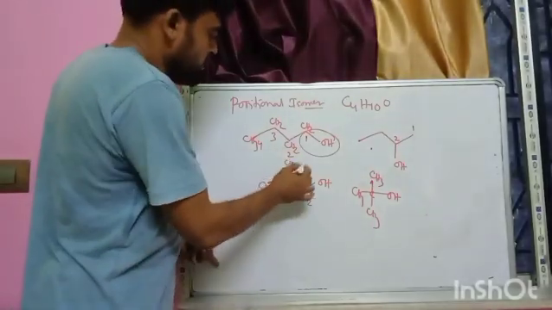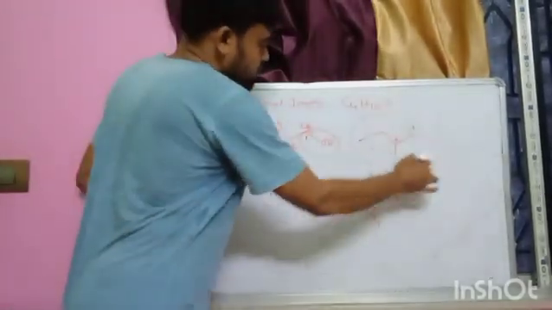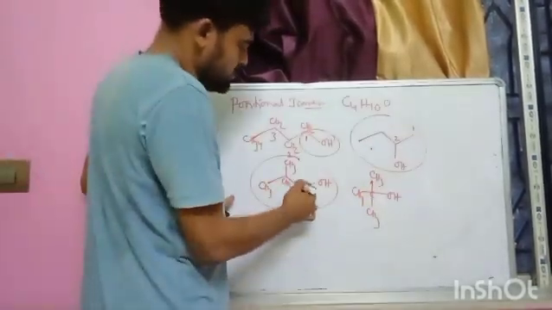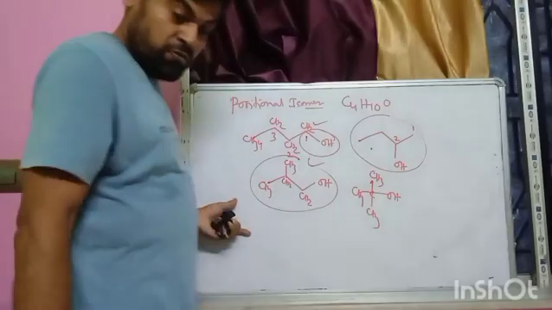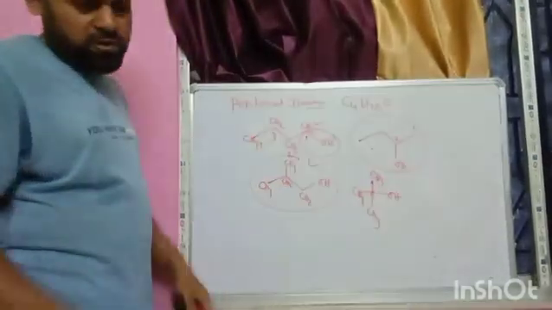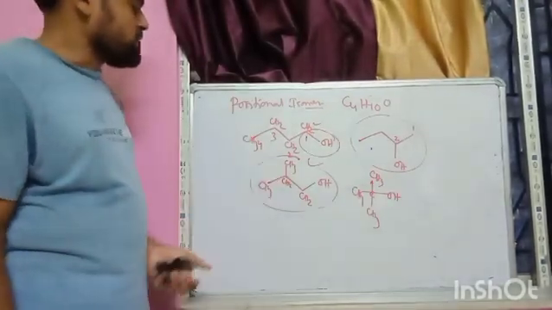So these and these are not positional isomers. Here OH is at the side, and here also OH is at the right-hand side.